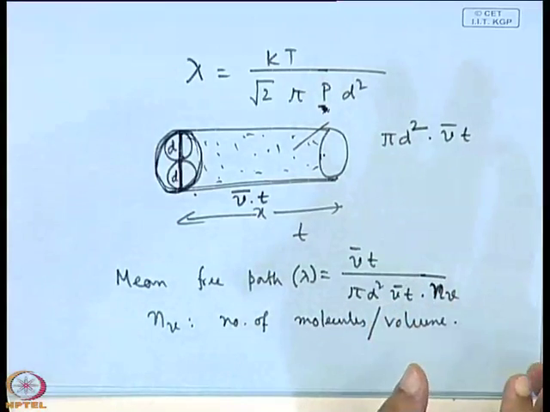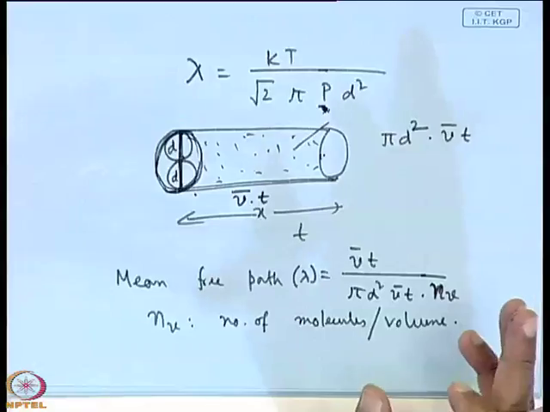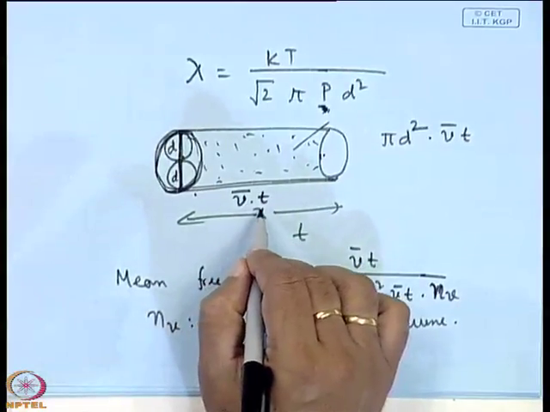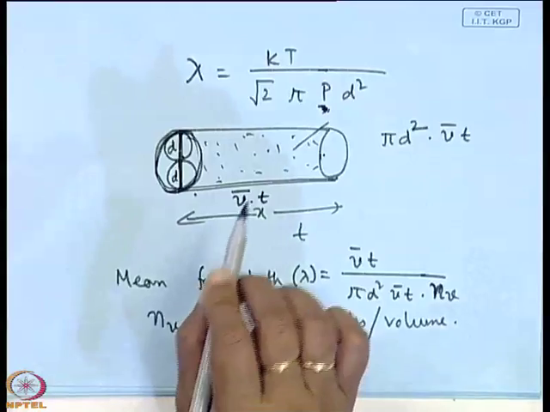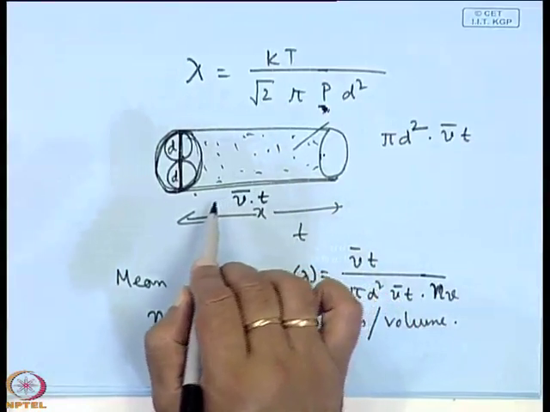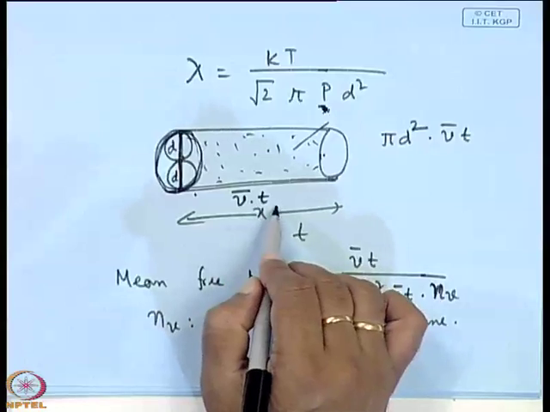Consider the kinetic theory of gas. All molecules are moving and they are colliding with each other. So, if I consider a time t and the molecules move with a velocity of v bar, then at time t it will cross a distance of v bar into t.